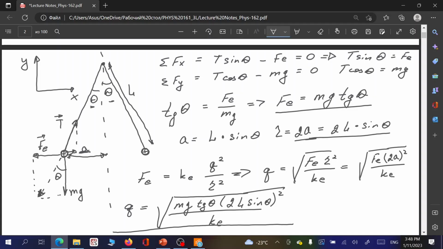So let us summarize. We introduce the concept of electrical charge as a scalar number which quantifies the interaction between bodies which are electrically charged.